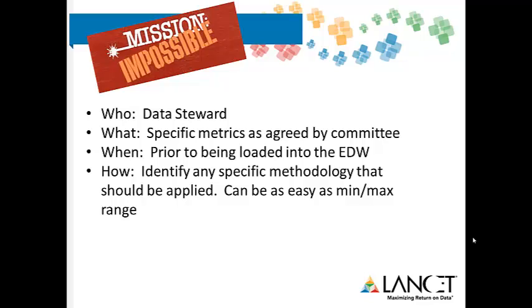So the first thing is as we've gone through this process with the business, and we've helped them understand that there's no such thing as 100% data quality, and we've managed expectations, and we've identified what our acceptance criteria is for some of these data metrics. The next thing is, how do we make sure that all those things that we went through with the business are actually applied in the data itself. And so now we have to figure out the who, what, when, and how.